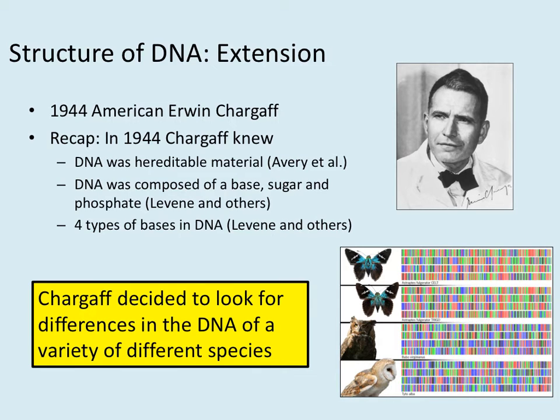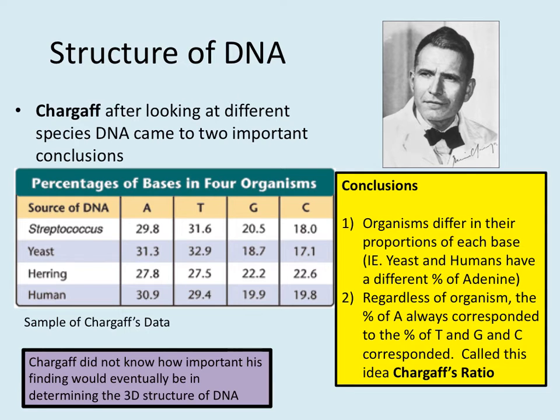Now, another scientist. So we had Michener discovers macromolecules. Levine discovers that there's DNA and RNA. Now our next scientist, Chargaff. And what Chargaff really discovered, to put it simply, is that the bases are proportional to each other.